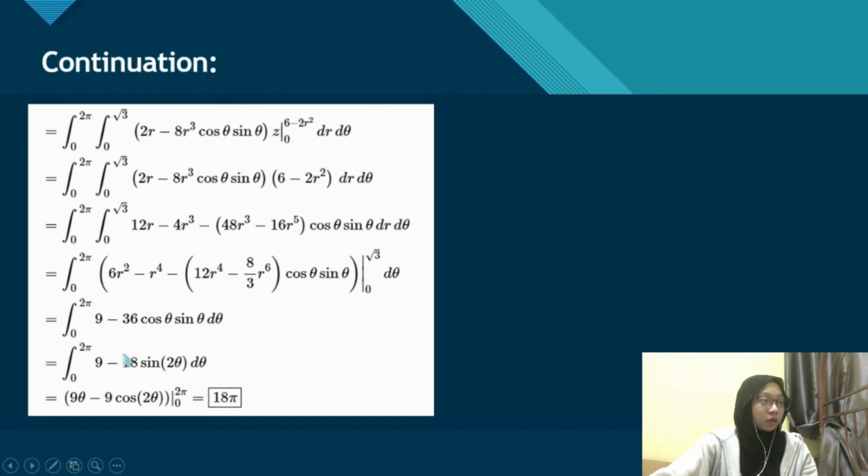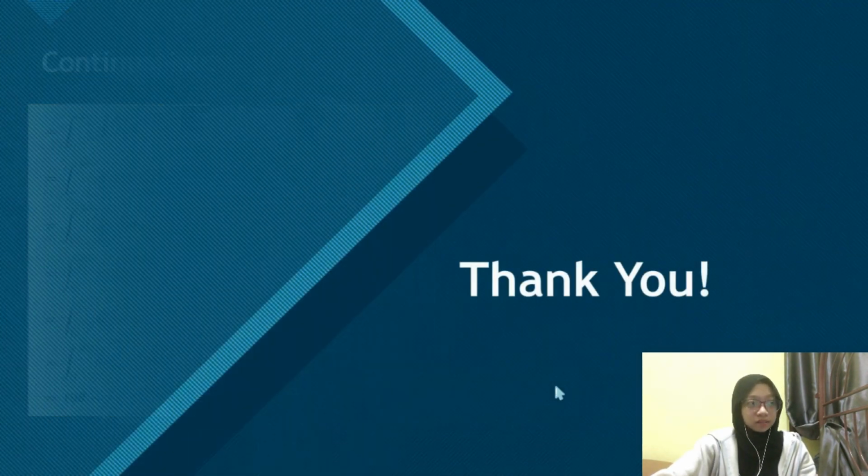For this equation, it was solved using u substitution, and then we can integrate as usual with respect to theta, and we got 9 theta minus 9 cos 2 theta. Then we substitute 0 and 2 pi into theta, and we get 18 pi for the final answer.